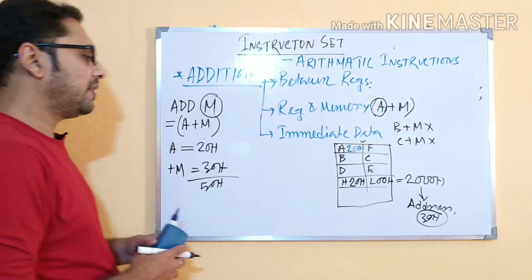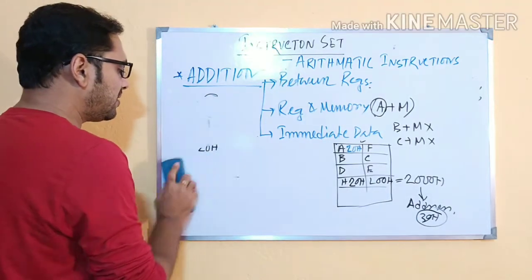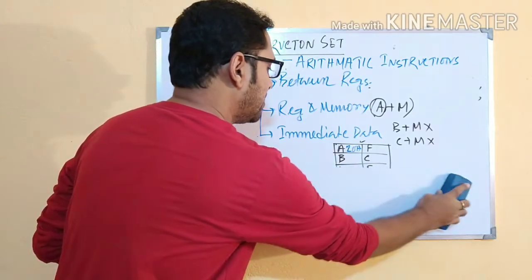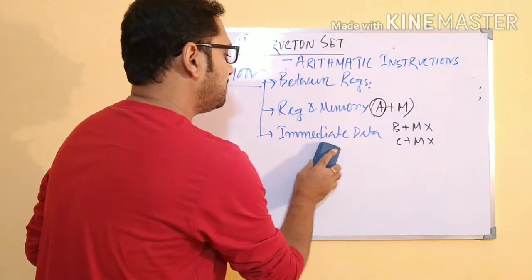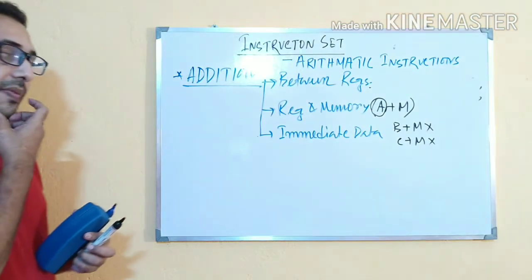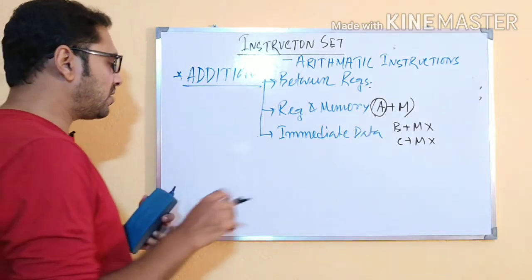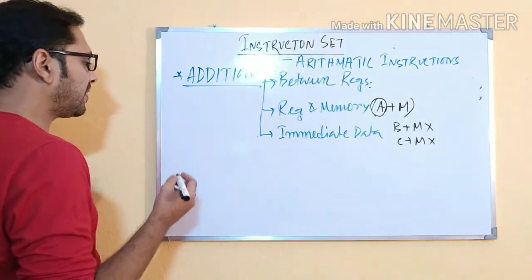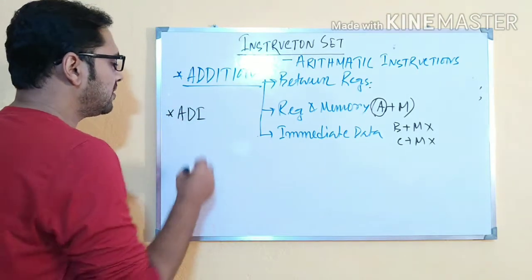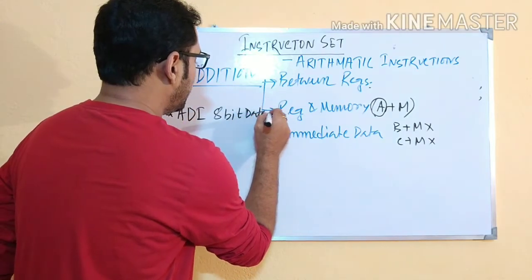Now the third one, addition with immediate data. That means if we want to add any desired 8-bit number with the content of the accumulator, then we are talking about this one. Let's get the example here first. The typical syntax is ADI space 8-bit data.